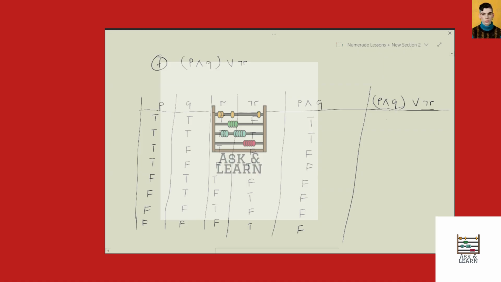So you have false and true, so that is true. True and true, that is true. False and false, so that is false. True and false, true. False and false, that is false. False and true, so that is true. False and false, that is false. False and true, that is true.